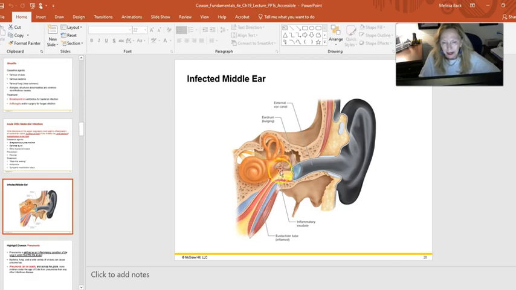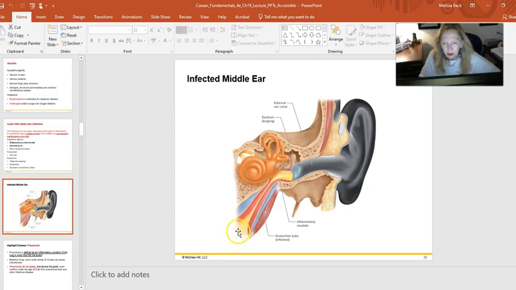So keeping this area free of fluid is really important. Taking anti-allergy medication and or decongestants when there are viruses involved are the best step. If there's any concern that there might be some bacterial agent involved, then they will give antibiotics.